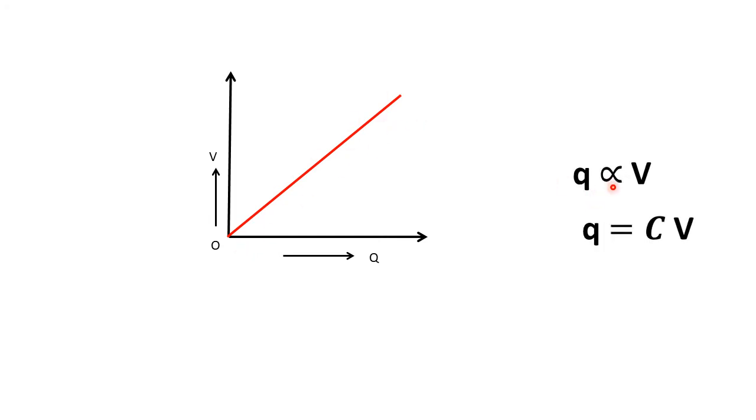This proportionality sign is converted into equality by multiplying it with a constant which is called the capacitance of that conductor, denoted by C. By this relation C is equal to Q by V, we can define the term capacitance of that conductor.